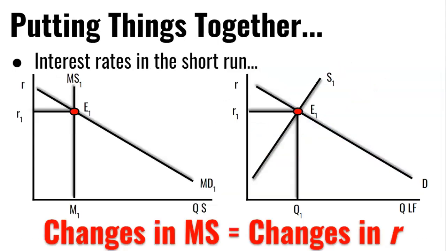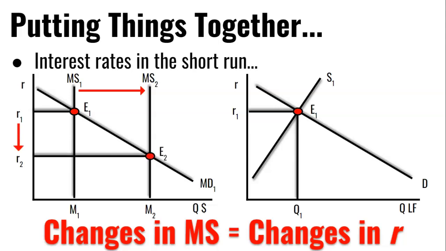So now let's try and put all of this together and see how these sort of relate to each other. In the short run, we'll see that a change in money supply changes interest rates. If, for example, the Federal Reserve chose to increase money supply, shifting it to the right, we would see the interest rate go from R1 down to R2, that new intersection point between money supply and money demanded.